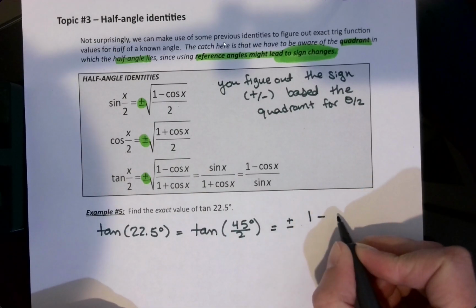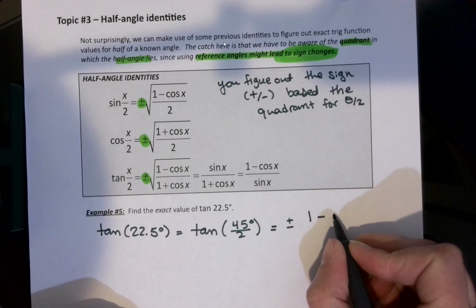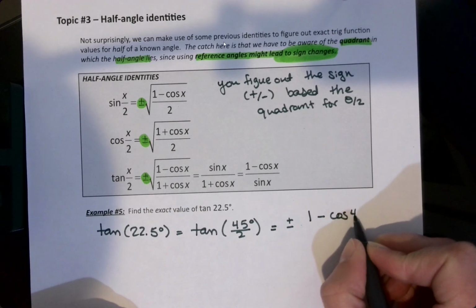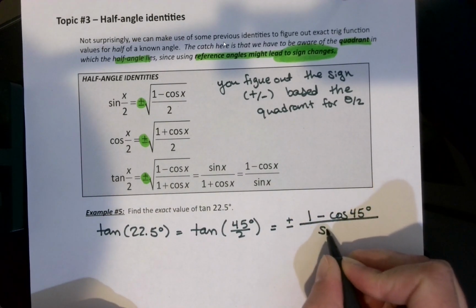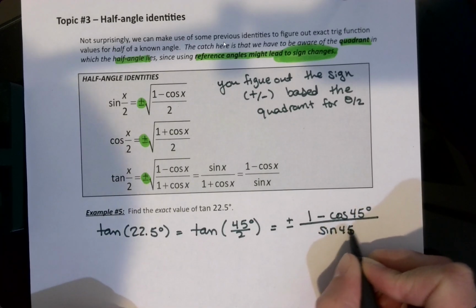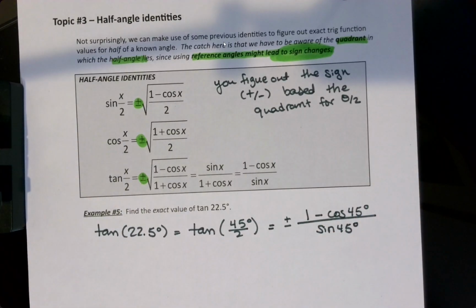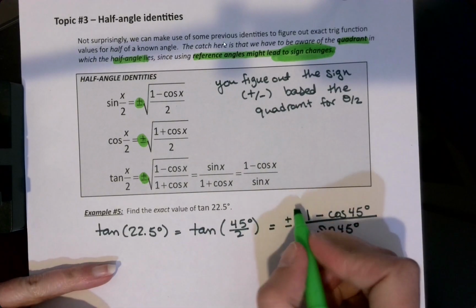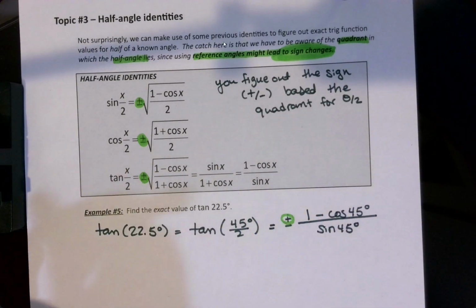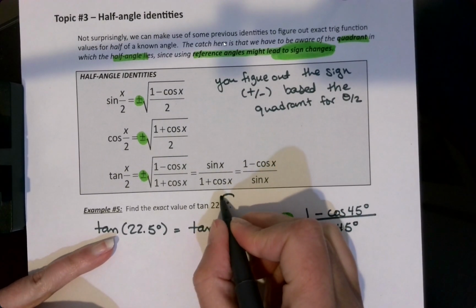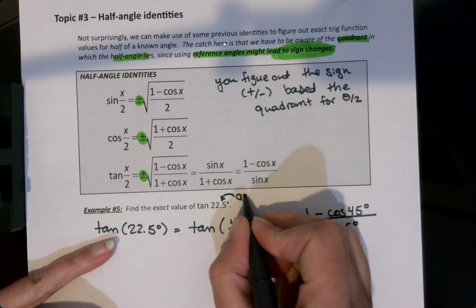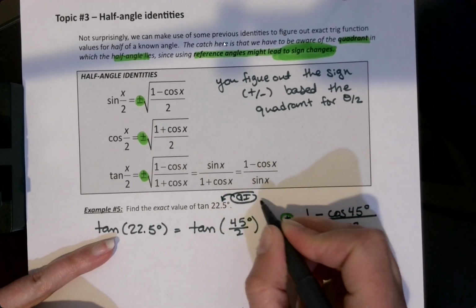1 minus the cosine of 45 degrees over the sine of 45 degrees. Now, in terms of the positive and negative, it's going to have to be positive because I know that 22.5 degrees is in quadrant 1.